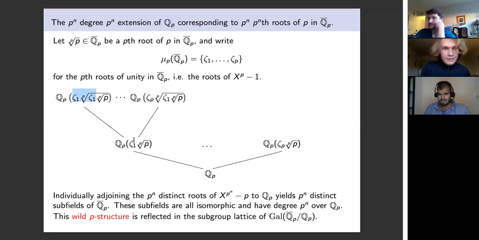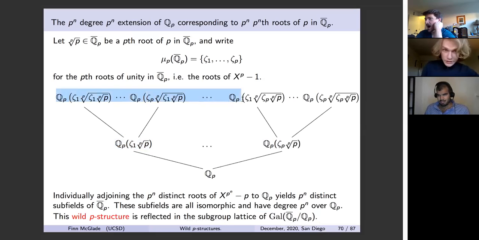I can fix a p-th root of zeta_1 times the p-th root of p, and then scale that by my p-th roots of unity. In doing so, I'll produce an additional p extensions of this field, each of degree p. Altogether, I'm going to get p^2 extensions corresponding to adjoining the p^2 roots of p to Q_p. Okay, so this is a wild p structure.